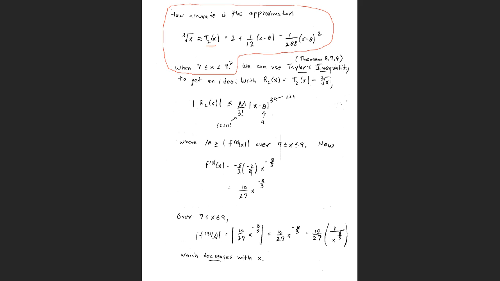How accurate is the polynomial approximation of the cube root of x when x is between 7 and 9? Why am I picking that interval from 7 to 9? I could pick any interval, but why does it seem natural to pick an interval from 7 to 9?